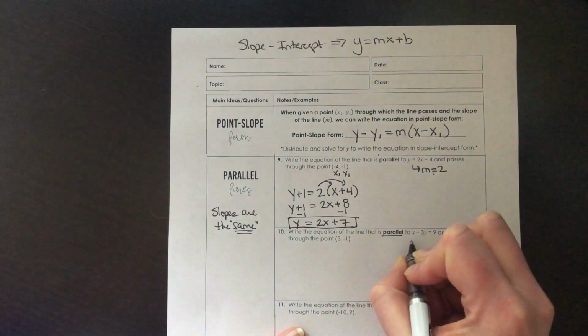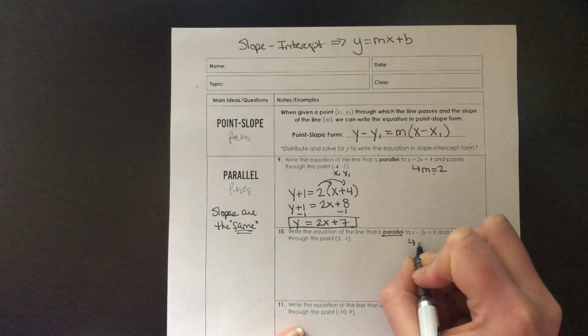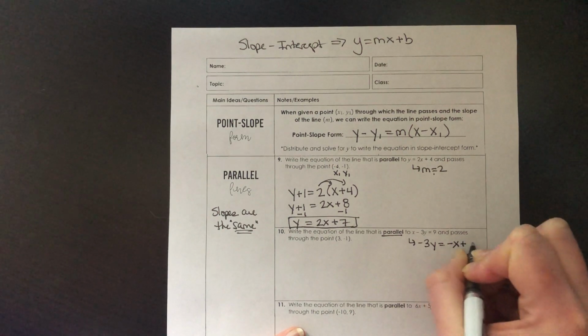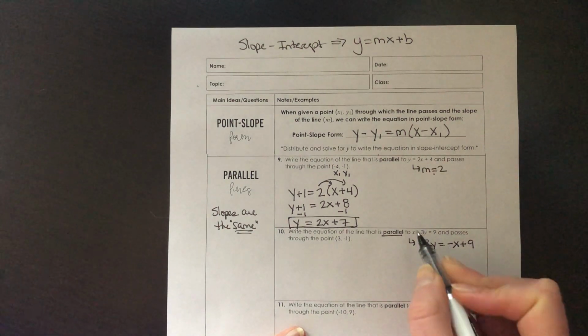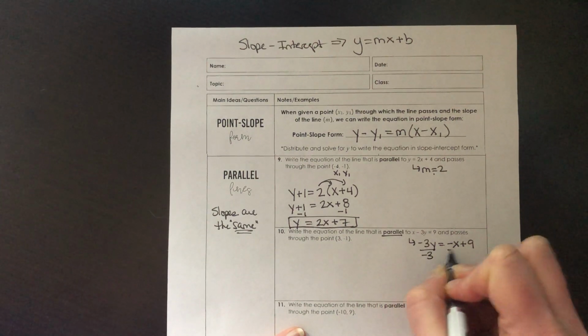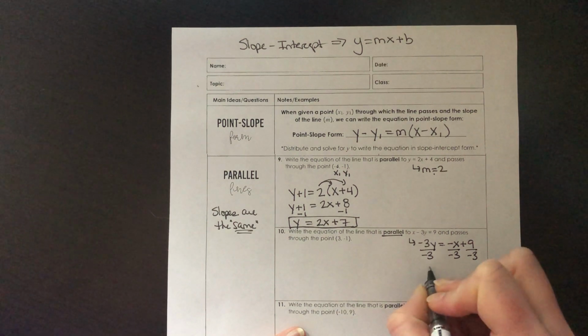So I'm going to solve. I'm going to subtract x on both sides, and I get negative 3y equals negative x plus 9. I subtracted x once again on both sides. And then I divide everything to balance it by negative 3.